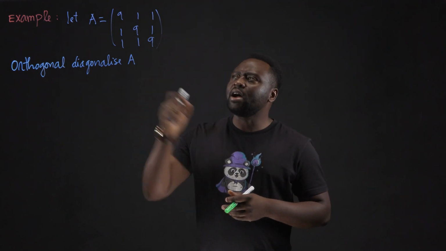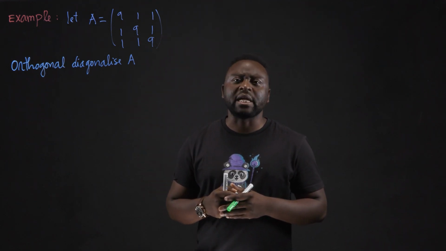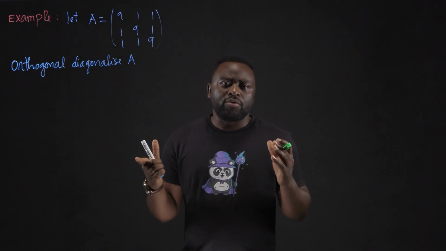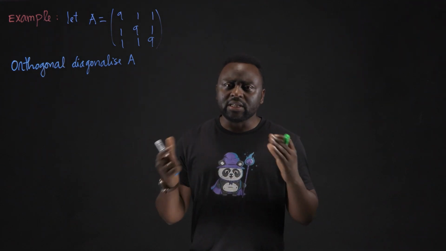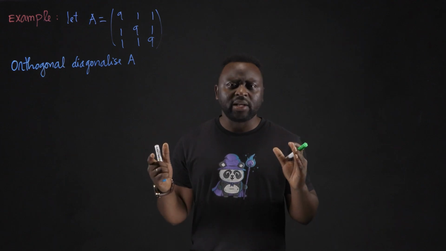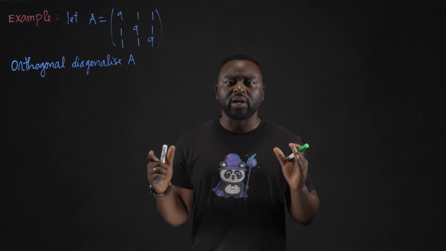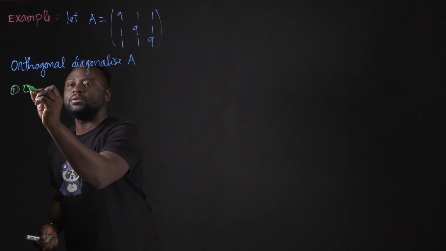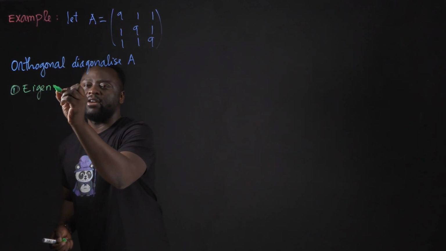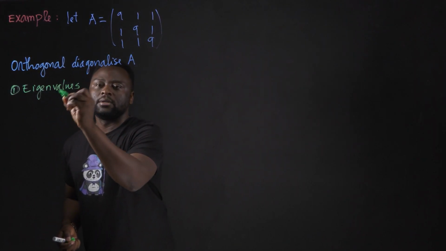What are the eigenvalues associated to this matrix A? From the previous video, we showed you how to find the eigenvalues. It should be easy to do that, so I'll just provide the eigenvalues so that we can continue with the calculation. First step, eigenvalues.